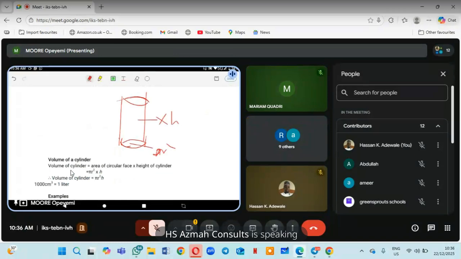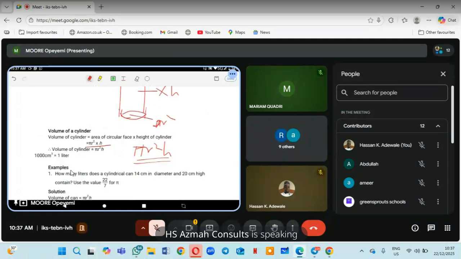That is what you are seeing here. So the volume of a cylinder is equal to what? πr square h. Please take note of all these things. They are very, very important. πr square h, that is the volume of a cylinder. And I have something here. 1,000 centimeter cube is equal to 1 liter.